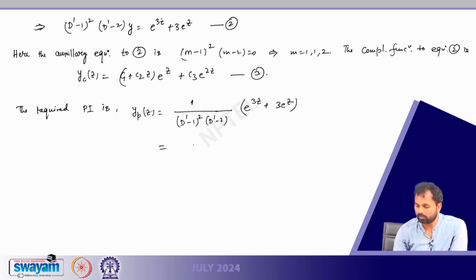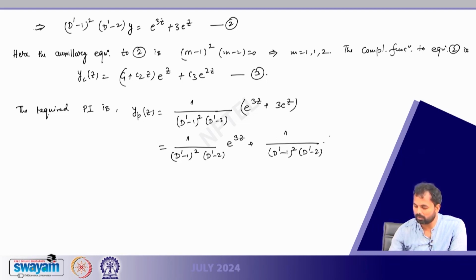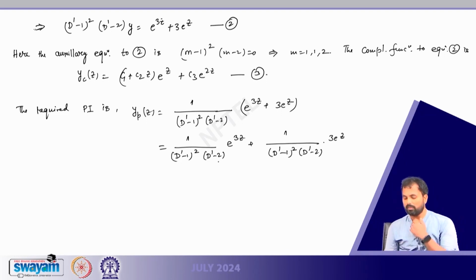So now we will distribute on each term. So 1 by D dash minus 1 whole square, D dash minus 2 of e to the power 3z, plus 1 by D dash minus 1 whole square, D dash minus 2 of 3 e to the power z. So 3 is immaterial, we will just bring it on the left hand side.